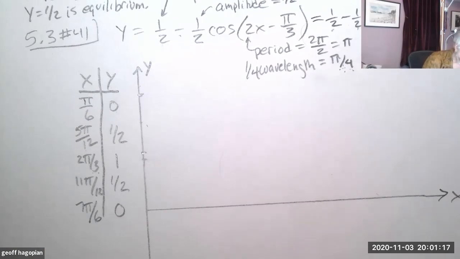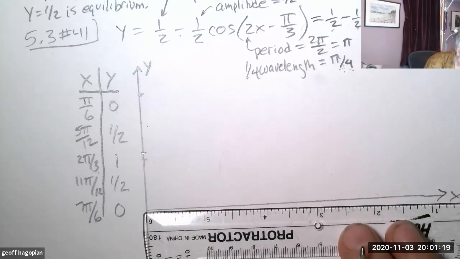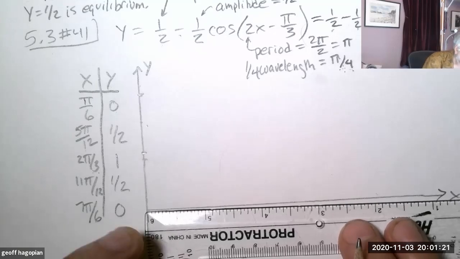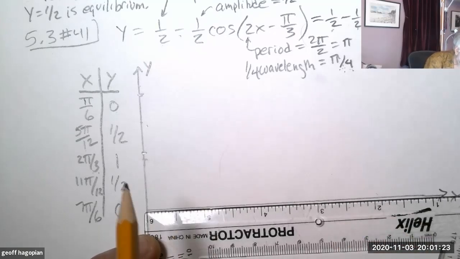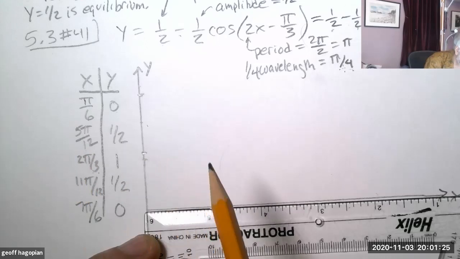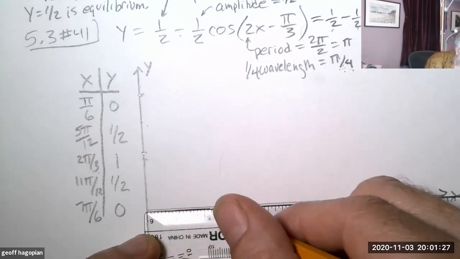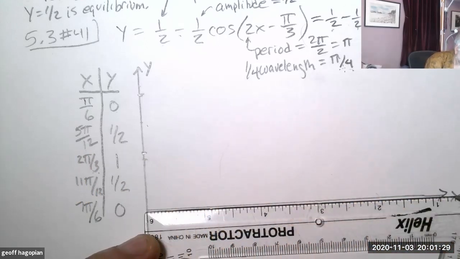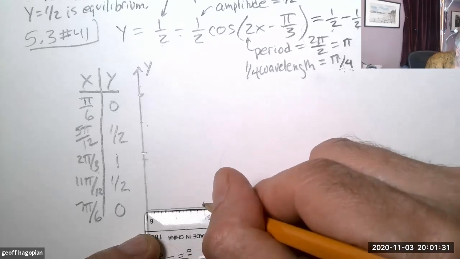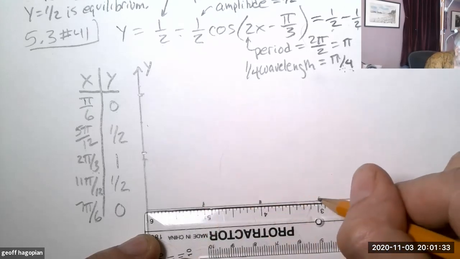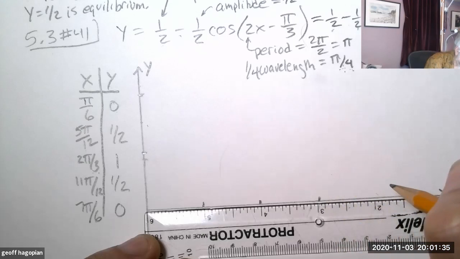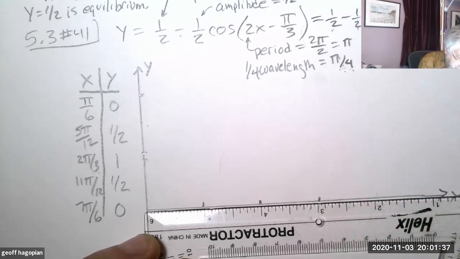Now we need to scale our x-axis as well, right? So we want essentially 4 intervals, but we're going to start off 1, 2, 3. I think, can we fit that in there? Yeah, let's do that. So we want to start at pi over 6 and then keep adding pi over 4.